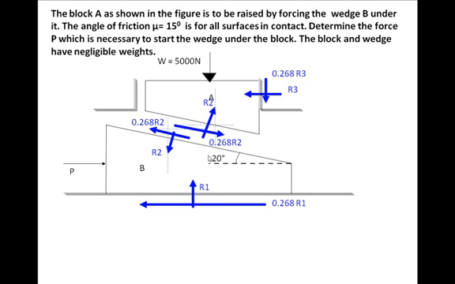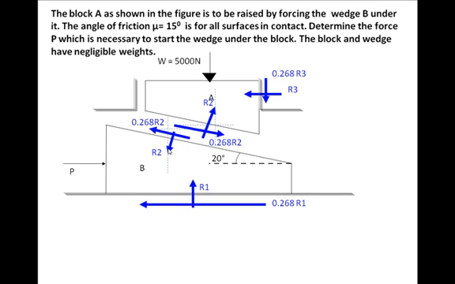Now let's study it a little bit. Let's look at wedge B. First of all, you have noted that weight is neglected because these are supposed to be very light compared to this 5000. Now this wedge B is trying to move towards the right because of P, and therefore at both surfaces, frictional force will oppose this tendency, and that will be mu R: 0.268 R1 here, 0.268 R2 here.